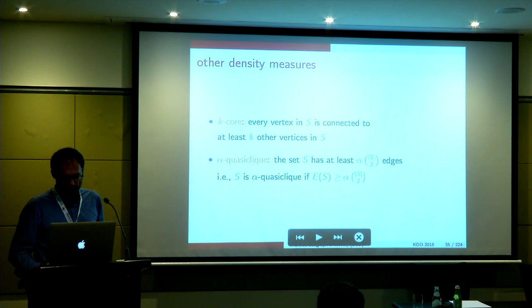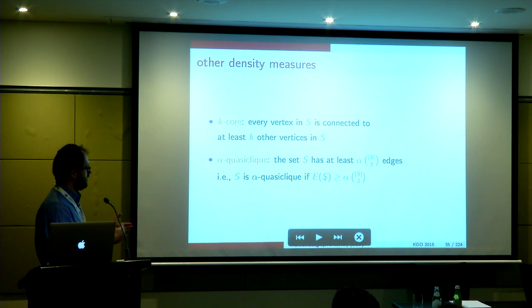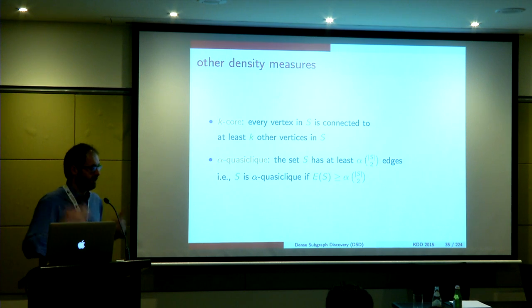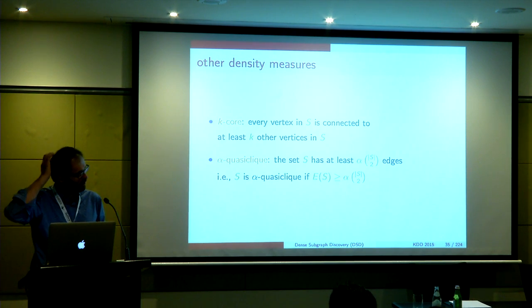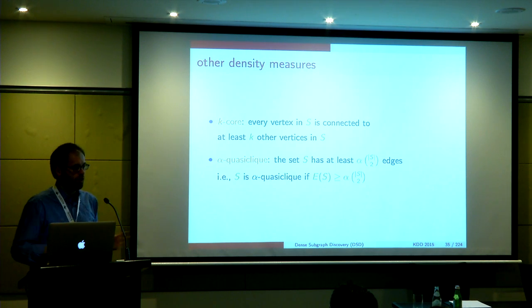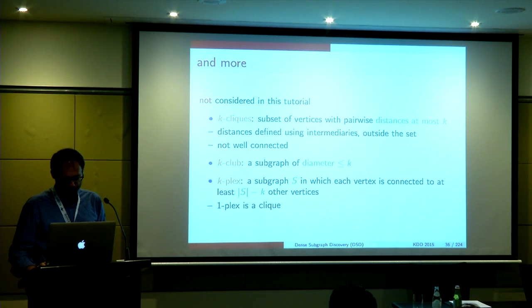Then given a set S, I would say that this is an alpha quasi-clique if its edge ratio is at least alpha. And this is formulated as the number of edges being greater or equal to alpha times all the possible edges. Okay, so this is, again, a definition that allows for some noise. So I don't look for a complete clique.